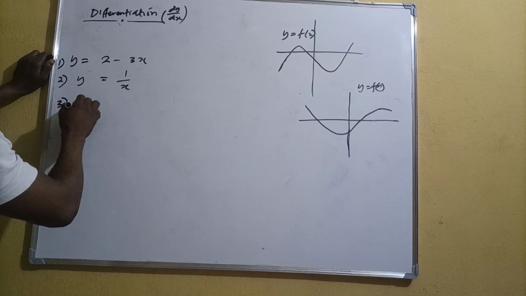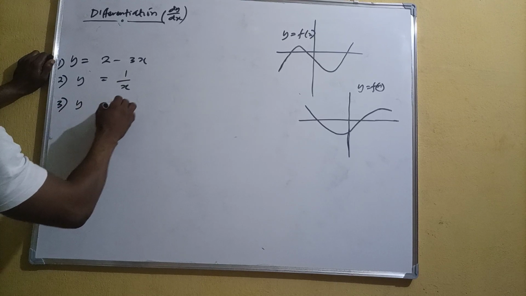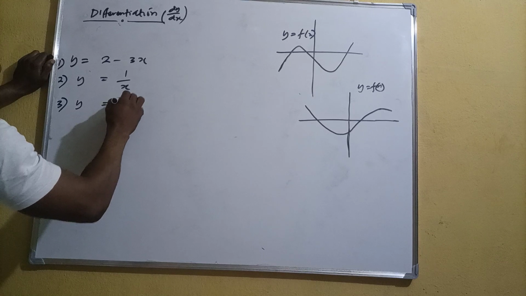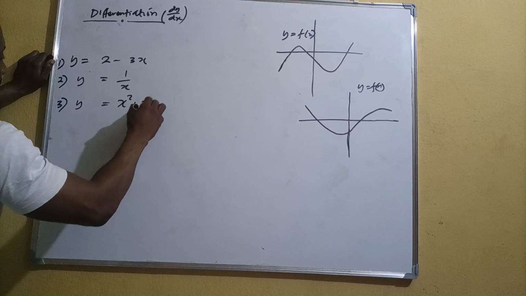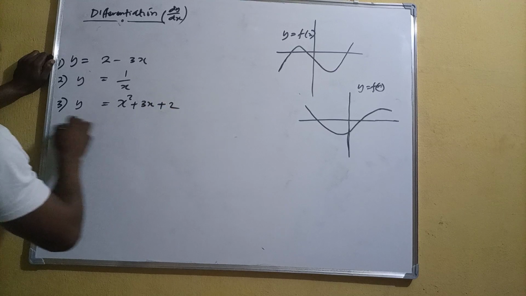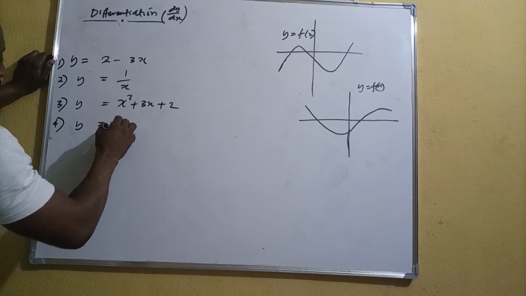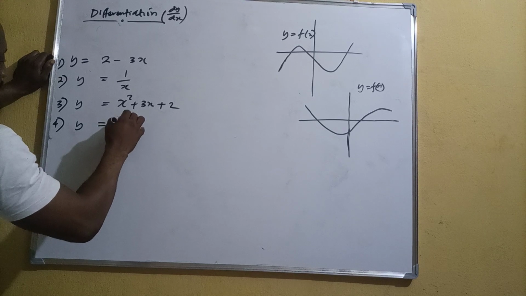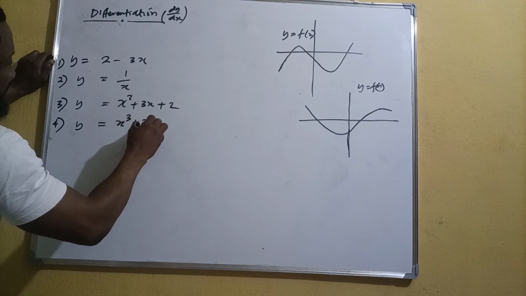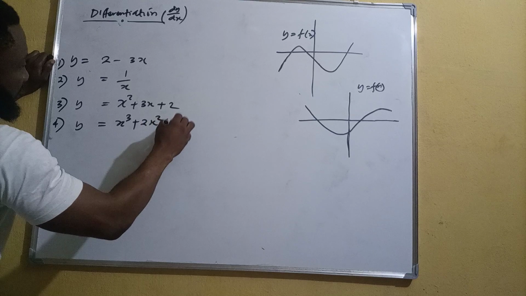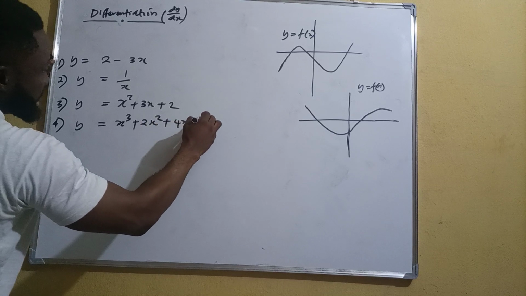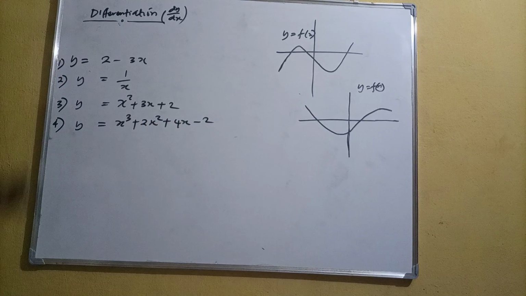Question 3: y is equal to x squared plus 3x plus 2. And question number 4: y equal to x raised to power 3 plus 2x raised to power 2 plus 4x minus 2. So we're going to look at these 4 questions on the board.